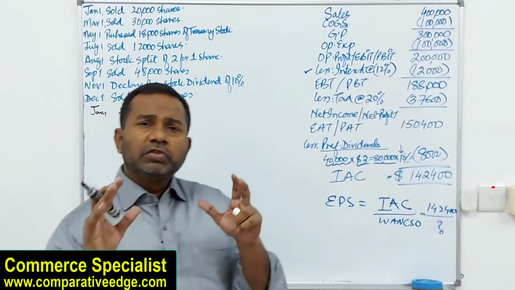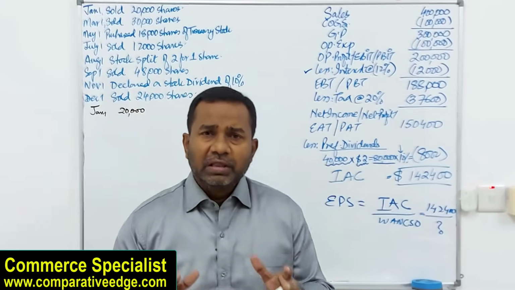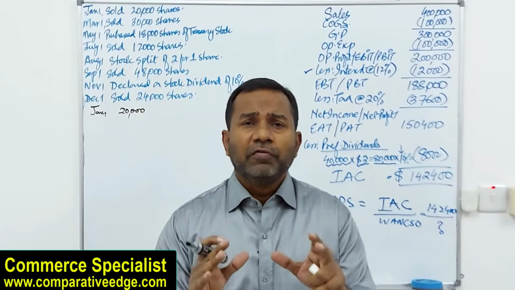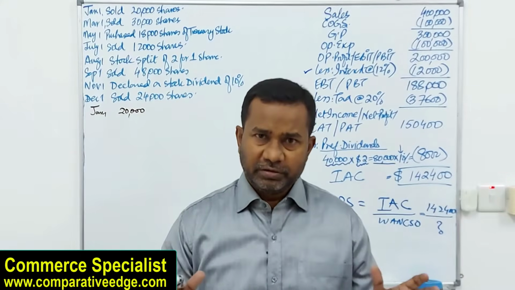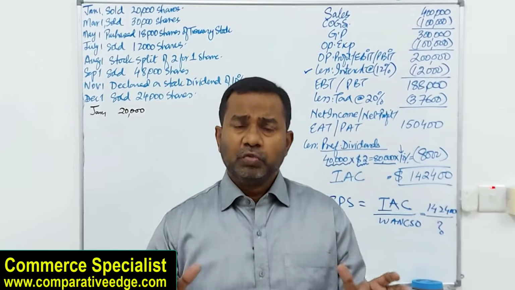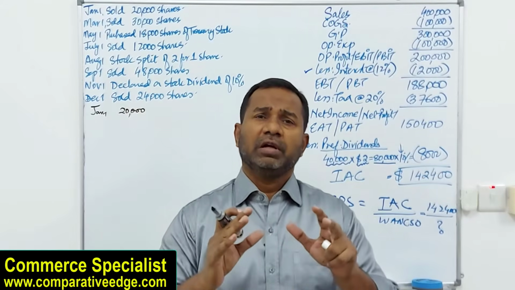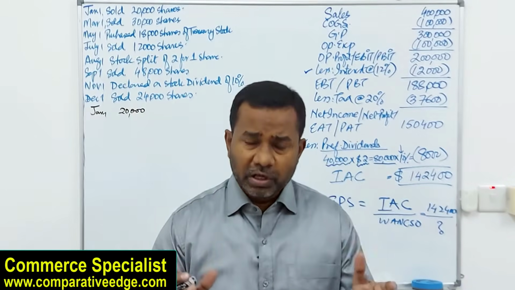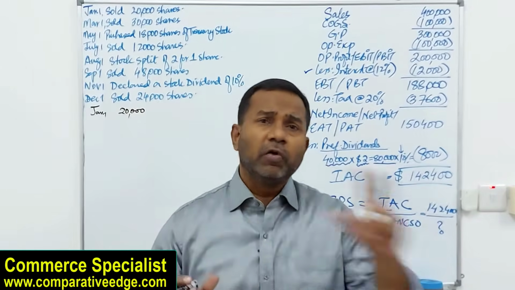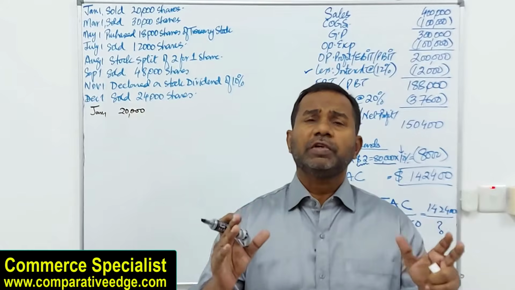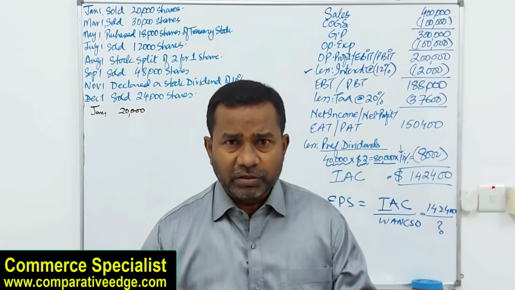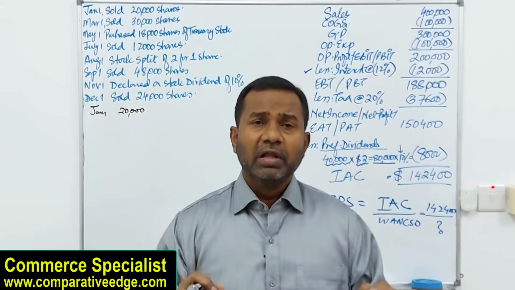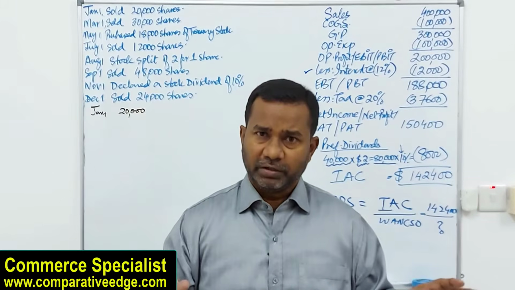Because we are selling shares on January 1st, that means those shares will qualify for the whole year of dividend. It is assumed that the company's year end is December 31st. So if the shares are sold on January 1st, they remain outstanding for the full year. Any shares which are already there on January 1st from the previous year, or sold on January 1st this year, qualify for the whole year of dividend.